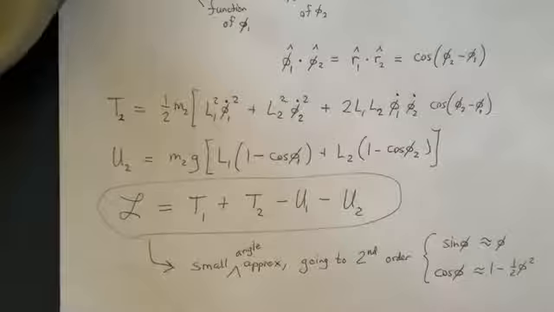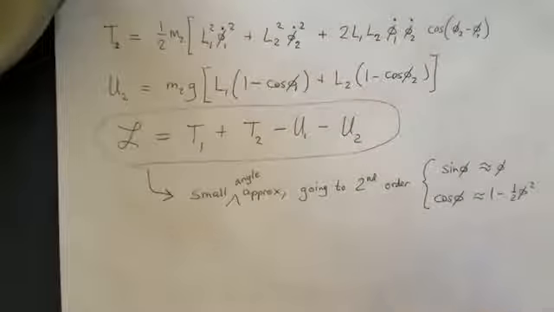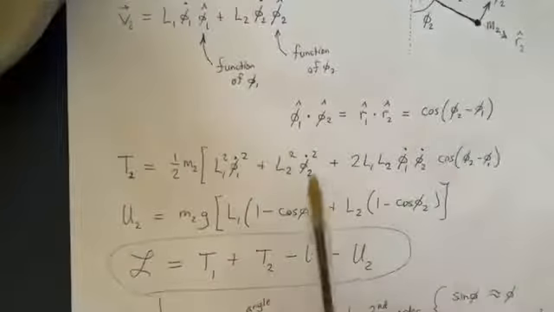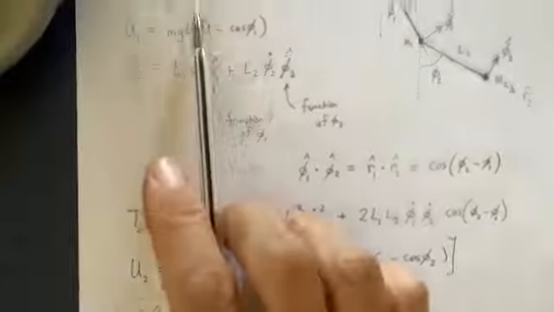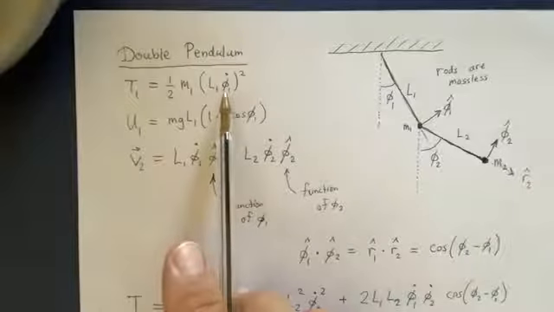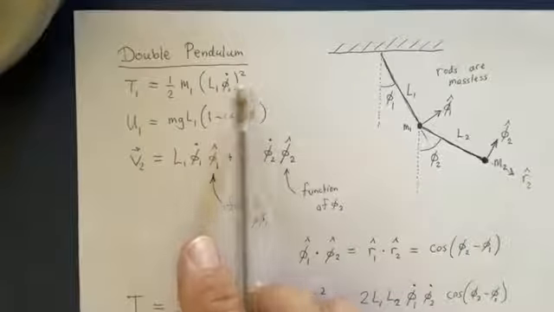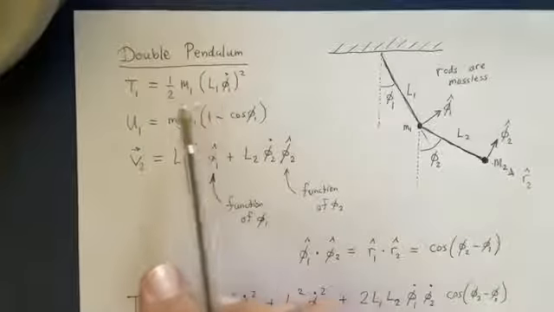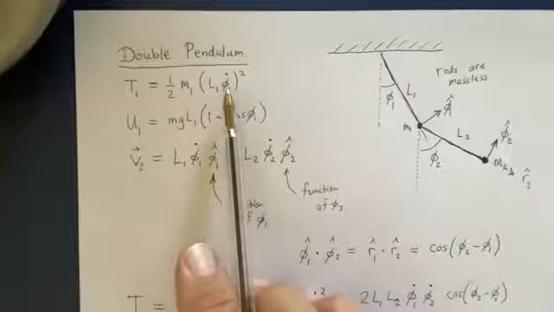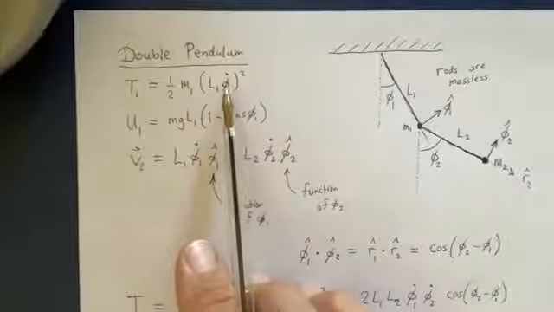Okay. So having said that, we can simplify. Let's just observe the kind of things that simplify. There's no need to change anything here, right? The T1 is simply a constant times the phi1 dot squared. No change. It's already exactly correct to second order. In fact, it's a second order polynomial in phi1 dot.